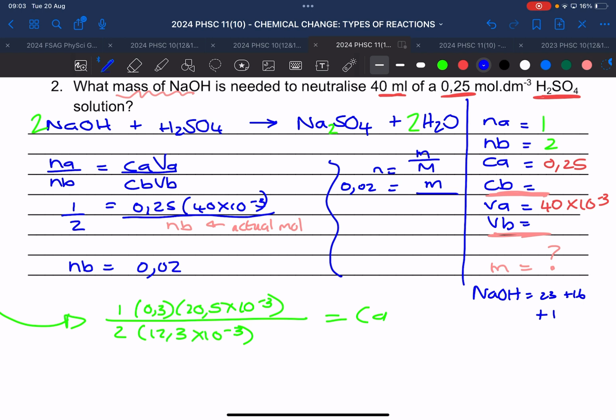I think it's 40. And then you get the mass to be 0.8 grams.